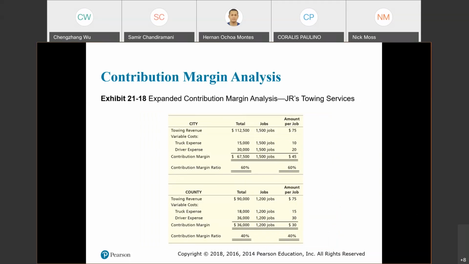From this slide, we can see the change in contribution margin was a result of higher variable costs for the country jobs, which require longer trips and therefore cost more in gas and drivers' wages. The variable costs for city jobs are $30, while the variable costs for country jobs are $45.